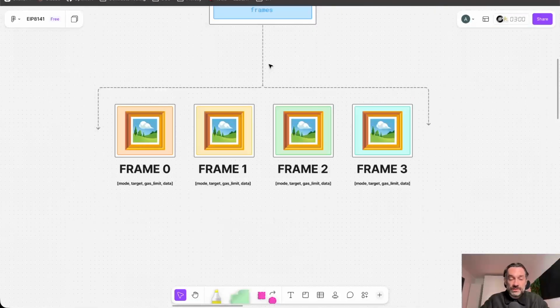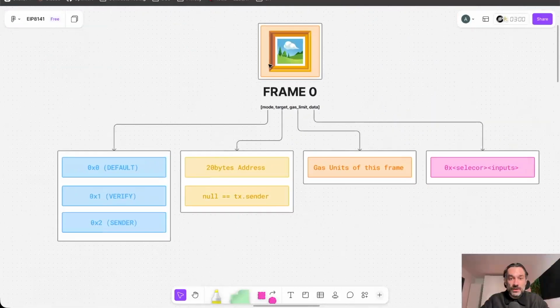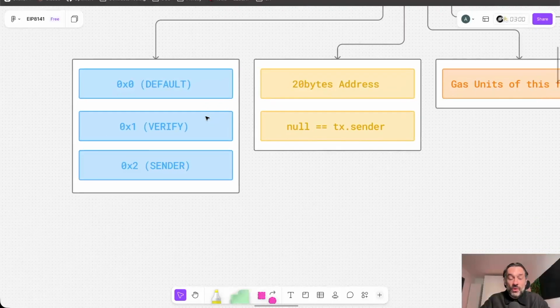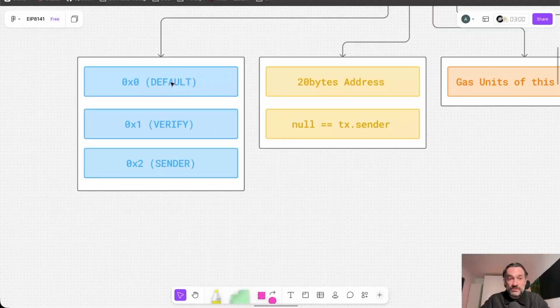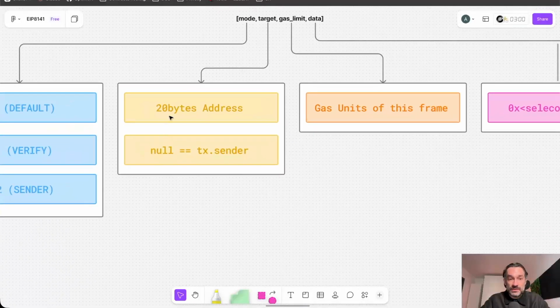Okay, great. So let's see what happens inside the frame. A frame, as we said, includes mode, target, gas limit, and data. Mode has three different types, which we will cover in a minute. Then the target is a 20-byte address, or if we don't pass anything, it's null, so it will be the tx sender.